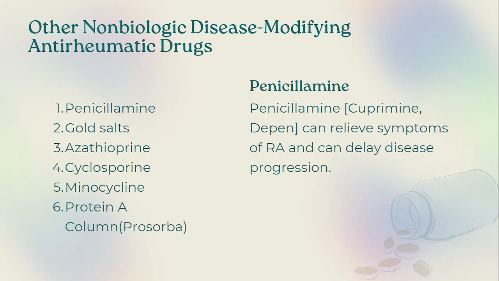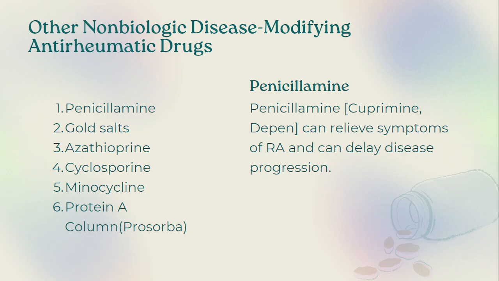Here are other non-biologic disease-modifying anti-rheumatic drugs. First, penicillamine. Second, gold salts. Next is azathioprine. Next is cyclosporine, minocycline, and lastly, protein A column.